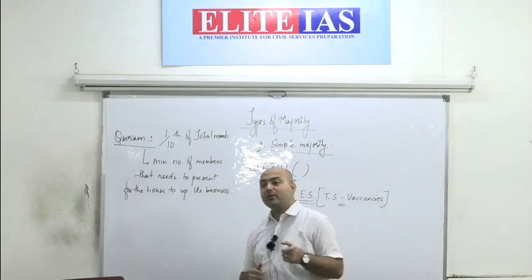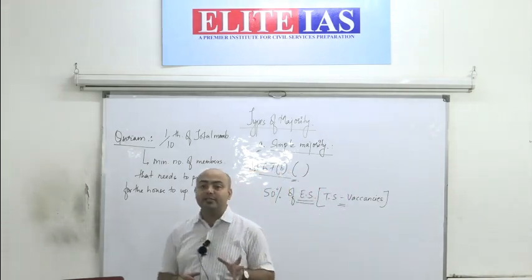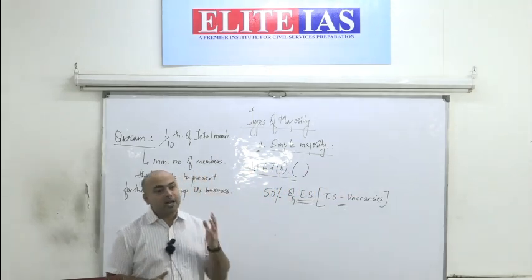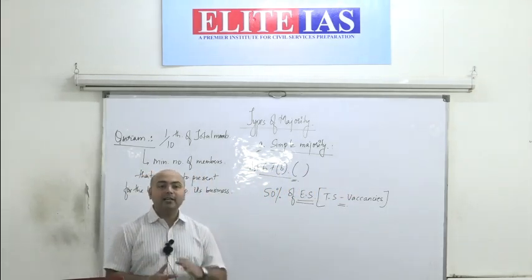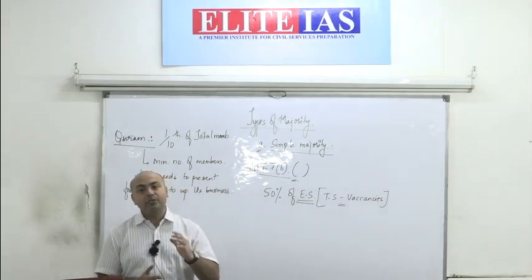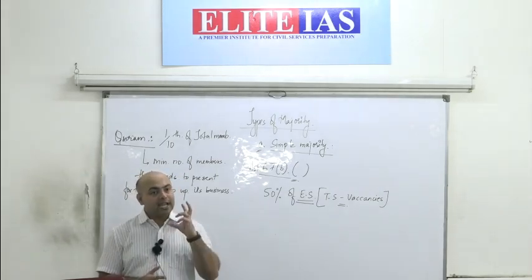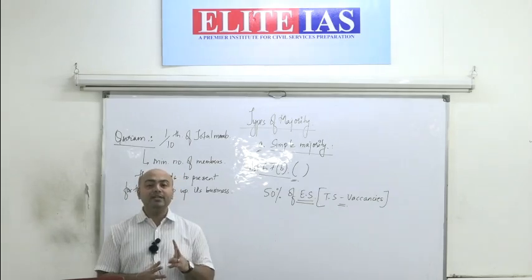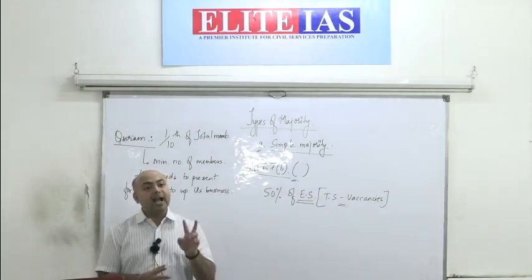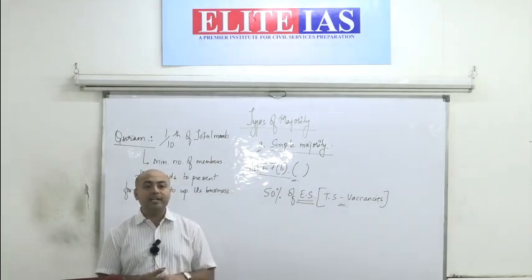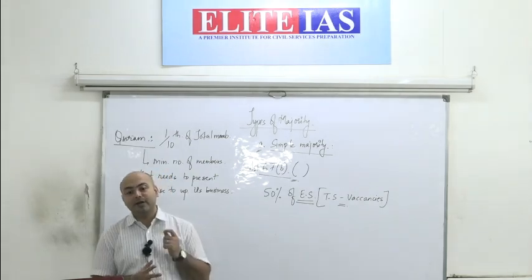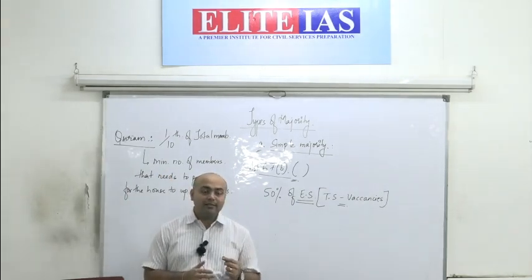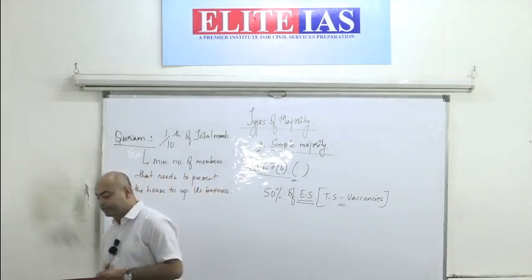Similarly, when we talk about the state legislative councils, some states in India have two houses, the upper house and the lower house. Every state which has this upper house elects two individuals, the chairman and the deputy chairman, and if they are to be removed, they are to be removed by an effective majority. Clear? Absolutely clear?